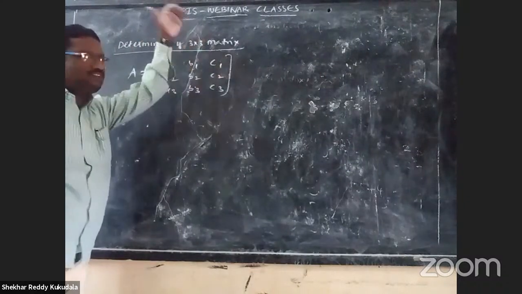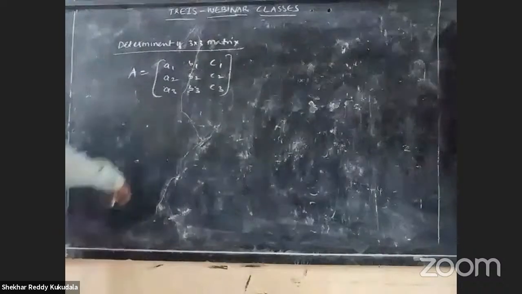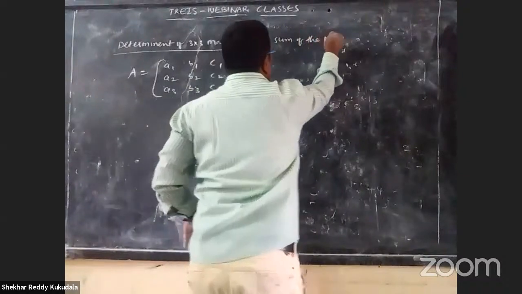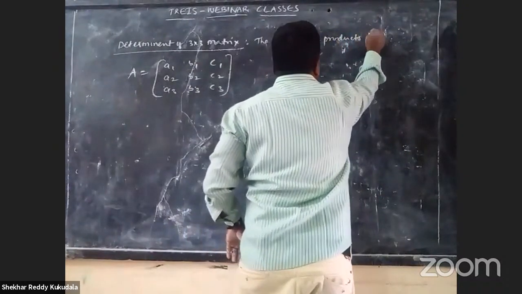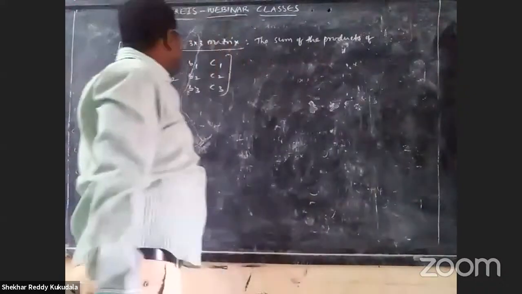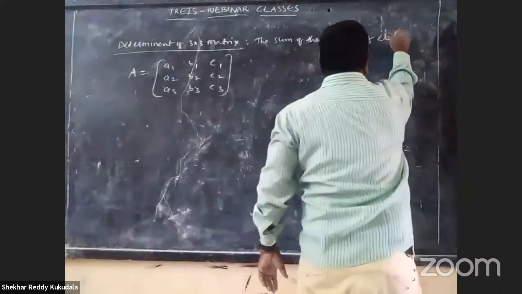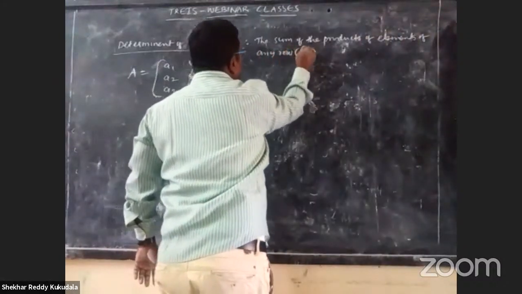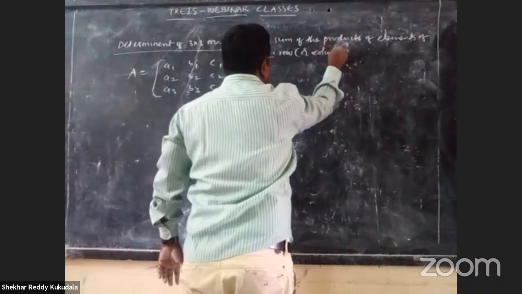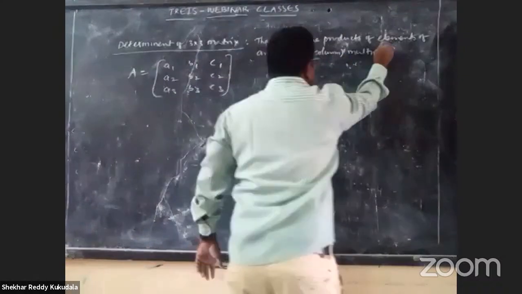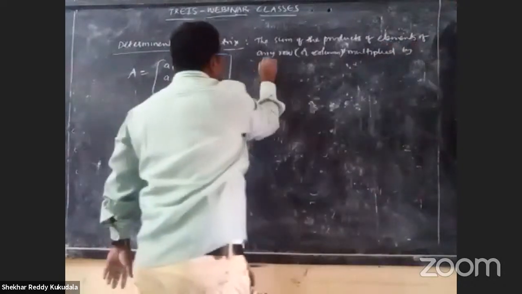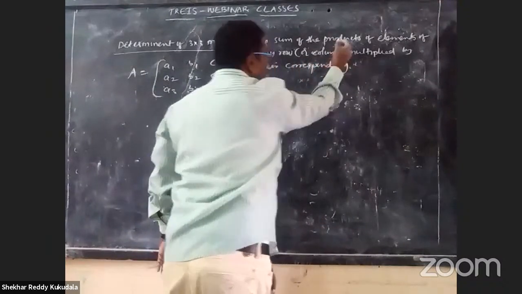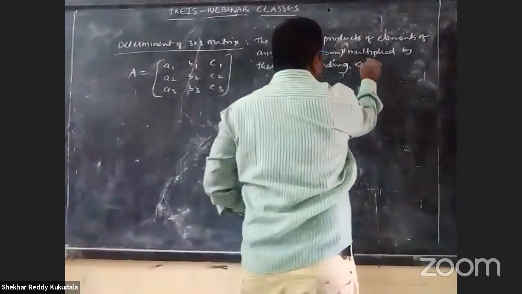The determinant of this matrix is defined as the sum of the products of elements of any row or column multiplied by their corresponding cofactors.